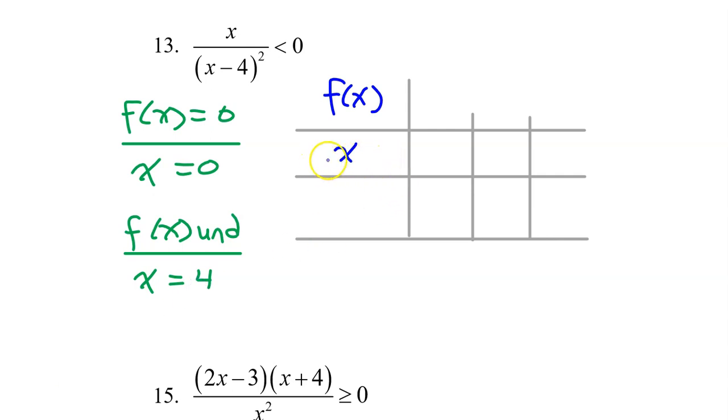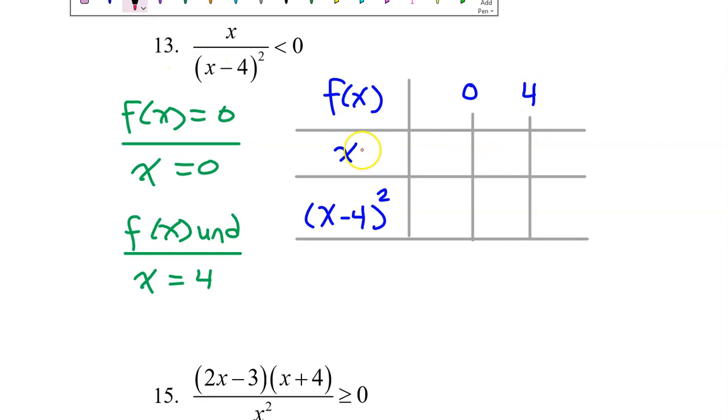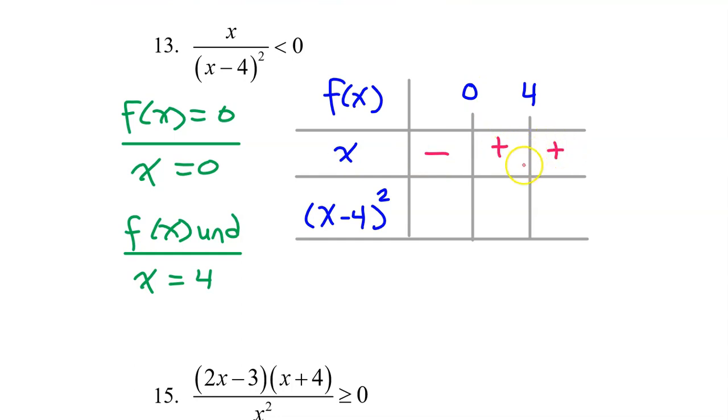On the sign chart, we will have a row for the x and a row for the x minus 4 squared. Make sure you include that exponent. It is important. Put your critical values in order from least to greatest, 0 and 4. X is obviously negative to the left of 0 and positive to the right.